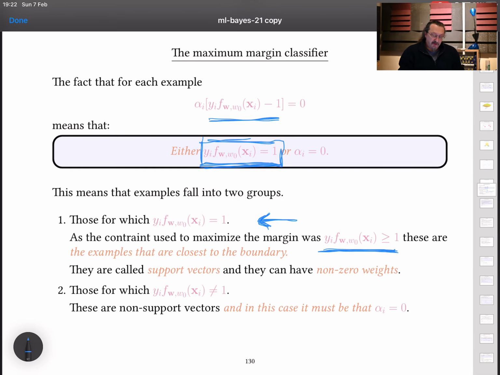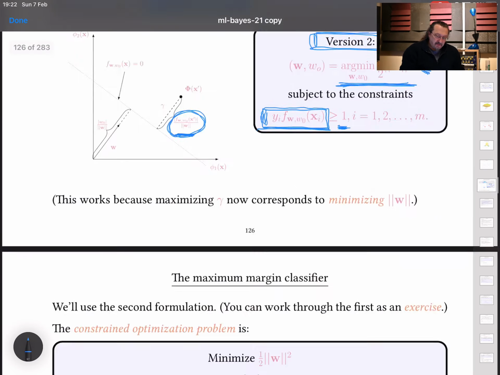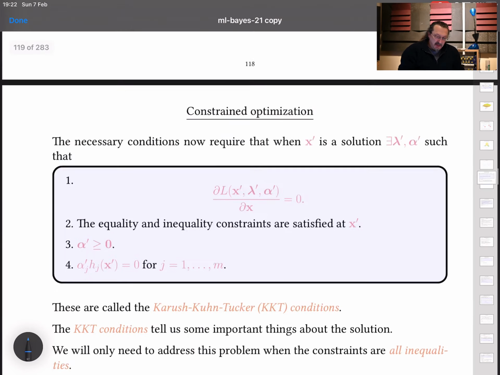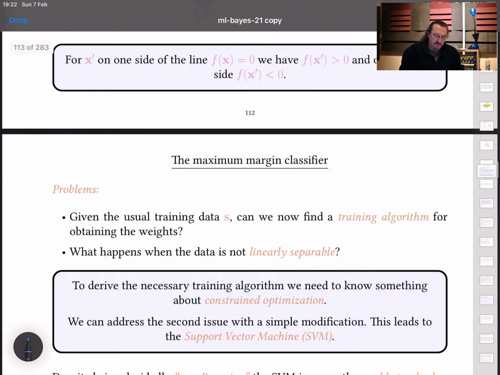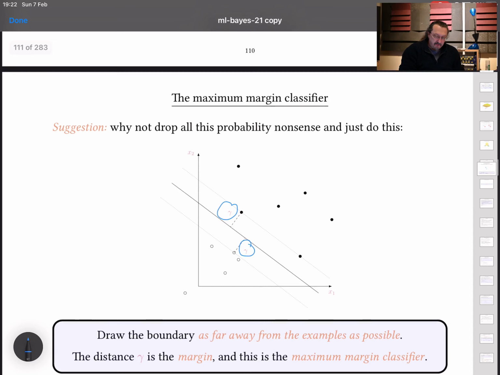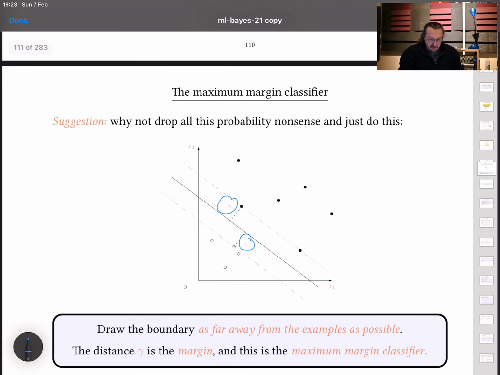Which means that the examples for which this is the case are the ones that are closest to the decision boundary. If we go back and look at the initial intuitive way of formulating the problem, they are the ones that are closest to the decision boundary. They are these guys.